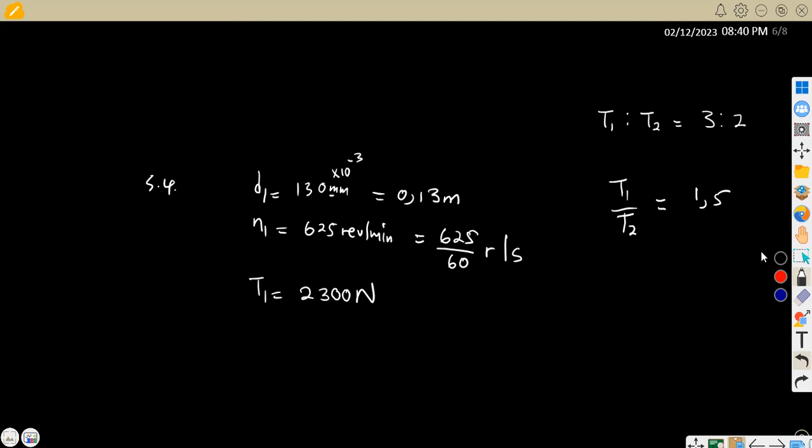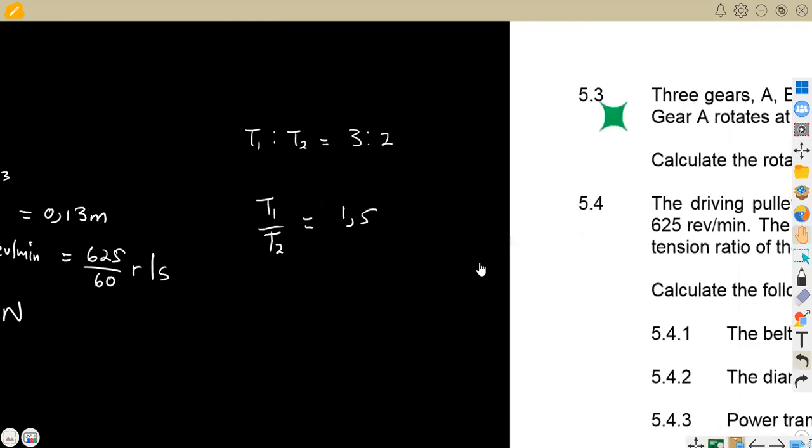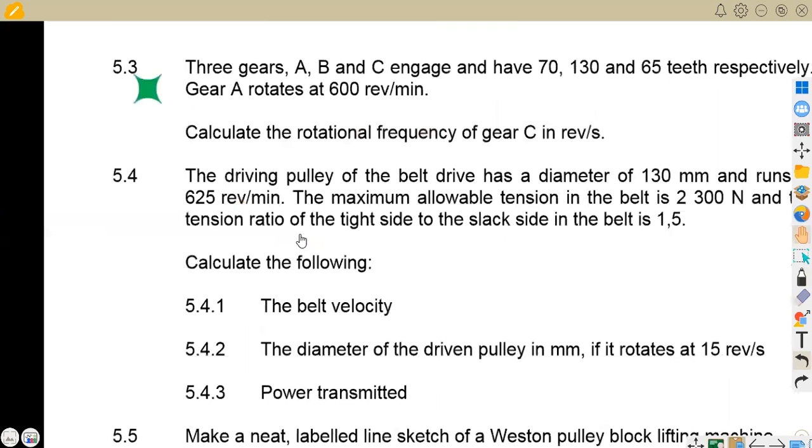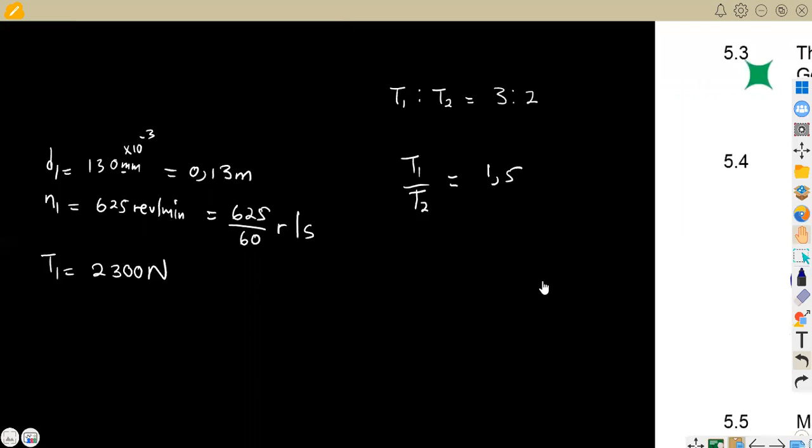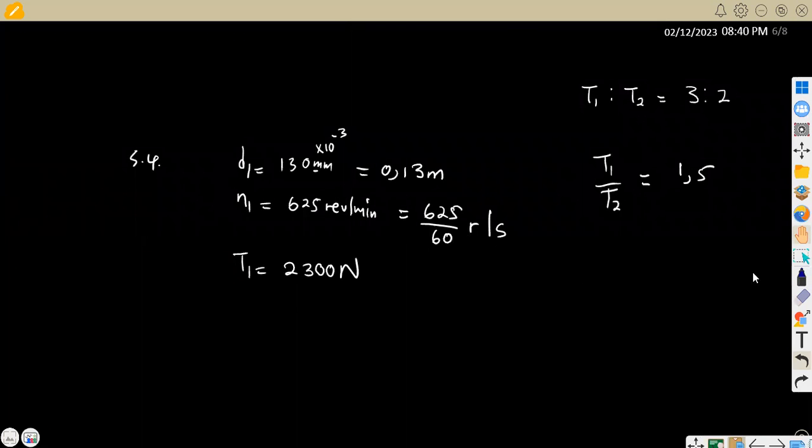Okay, so from this information, now we are asked to calculate the velocity, that is the belt velocity in this case. Take note, guys, we know from our formulas for the belt drive that the velocity is given as pi d n, but do we have information that gives us that? All right, so you're going to check from this information that we have. That's 5.4.1.